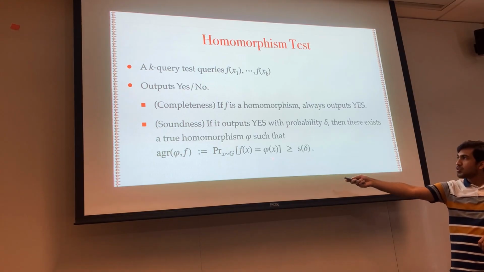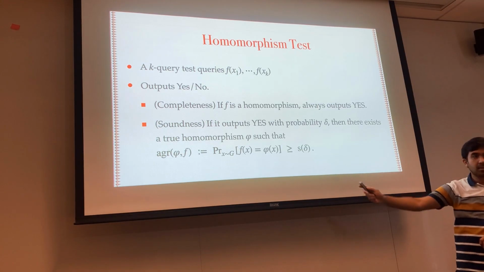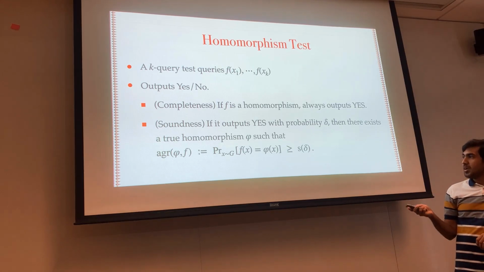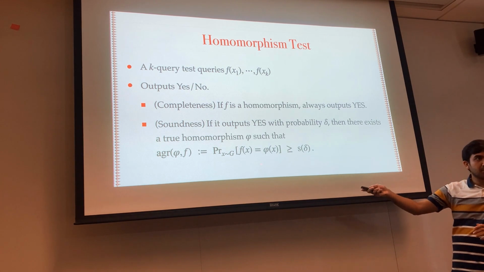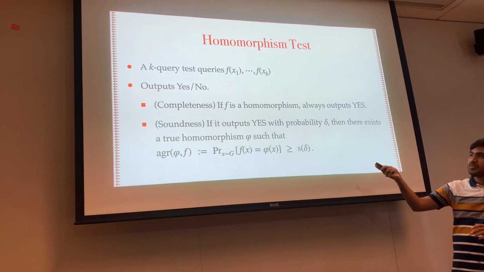And this notion of closeness is in Hamming distance. So there should be a fraction of points, which is a function of this delta, s of delta, on which your function must agree with a true homomorphism. That's the guarantee. So this is the mathematically useful part of the statement, and this is the efficiency part.